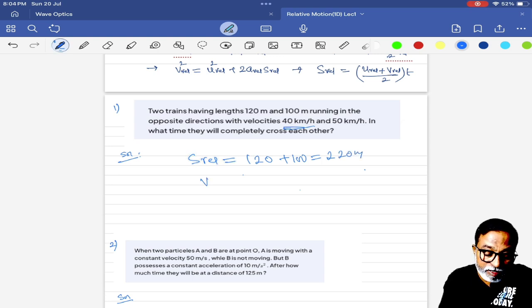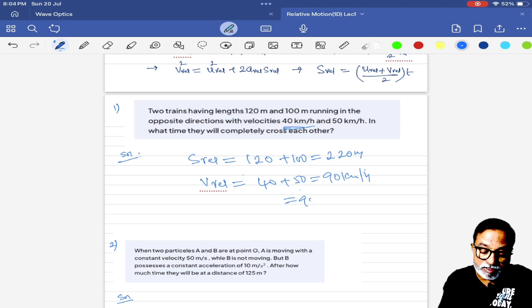Then V rel is equal to, here two trains are in opposite directions. Therefore, opposite directions velocities can be added. So 40 plus 50, that is 90 kilometer per hour. ఈ 90 కిలోమీటర్ పర్ అవర్ మనం మీటర్ పర్ సెకండ్ లో వస్తే 90 into 5 by 18, 5 times పోతుంది.